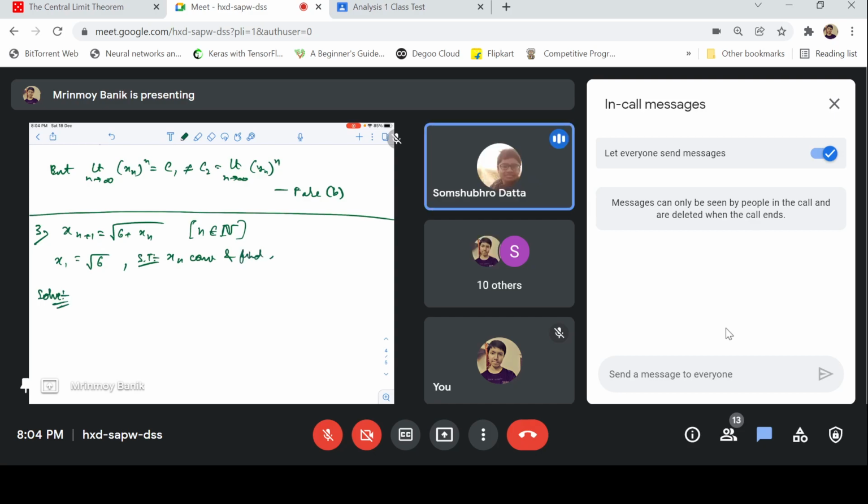I found out that x_n equals root over 6 plus root over 6 plus root over 6 and so on. I considered it as p. So p is equal to root over 6 plus p, and I solved it. So p comes as -2 or 3. Now -2 is not possible, so p equals 3.